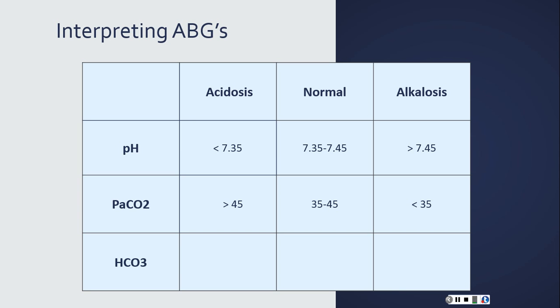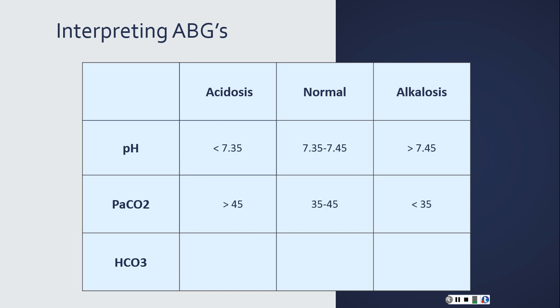So if I had a respiratory alteration of the pH, something from the respiratory system that caused the pH to become more acidic, what's happening? If my pH is 7.32 and it's a respiratory problem, what happened to my CO2? It went up.